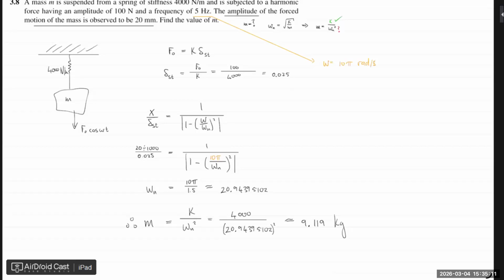Everybody good with this example? You see, we made use of one of the equations that we derived. It was just this equation, right? This one basically, because those were the parts that were given.